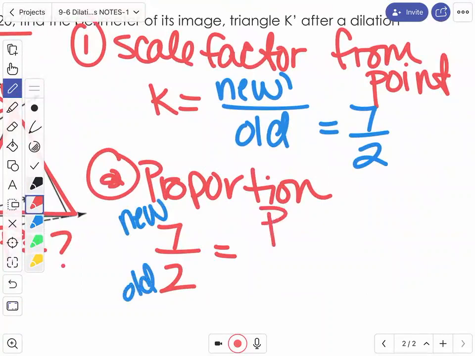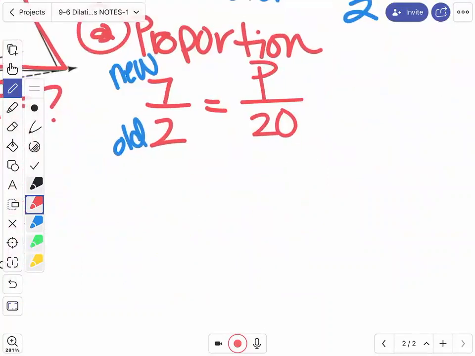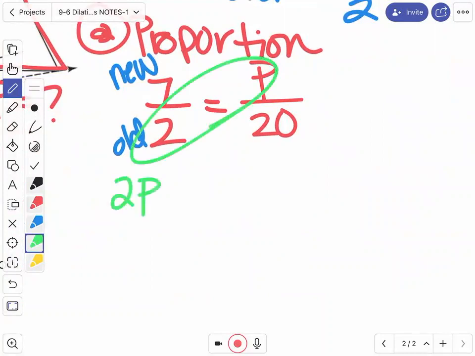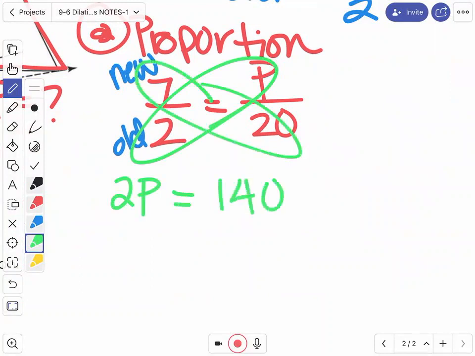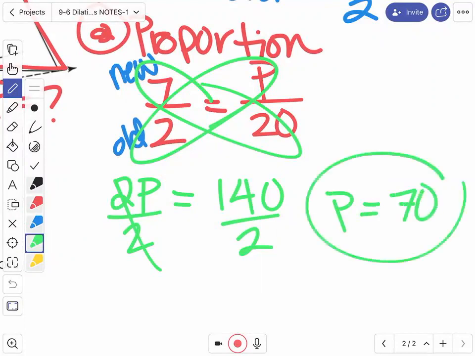We need the perimeter of the new, and we have the perimeter of the old. Now we have a normal proportion here. Cross multiply, and we can solve. So 2 times P is 2P, 7 times 20 is 140. Divide out the 2, and our perimeter is 70.